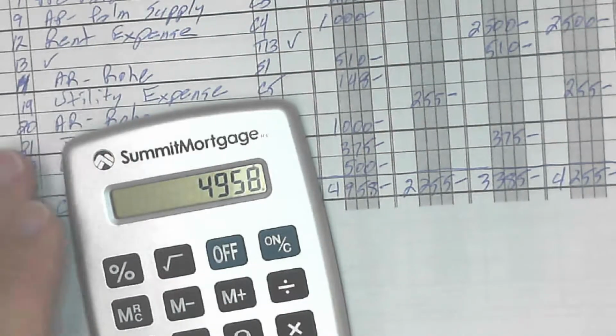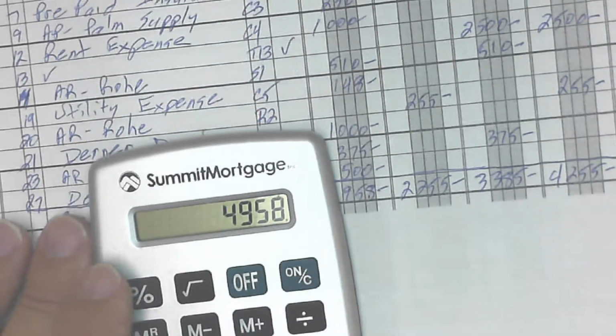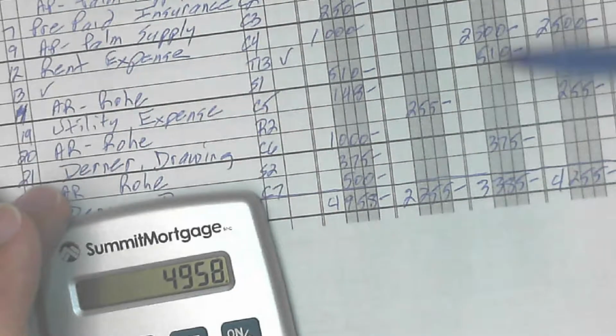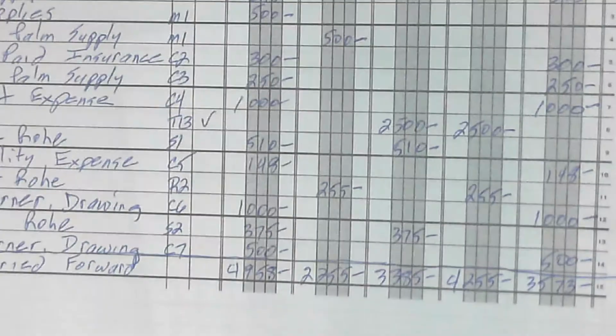I guess I did something wrong. Might have been this 510. Maybe. You add all of those in that column. Yeah, just total up each column. If you look a little bit to the left. Can you go up?